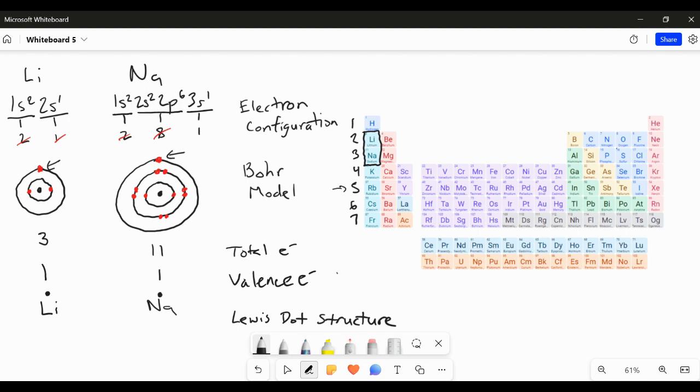Now, these Lewis dot structures can account for any number of valence electrons, but you're never going to have more than 8 valence electrons. Okay? That's because all of these D block elements right here in this middle chunk, these are the D block.